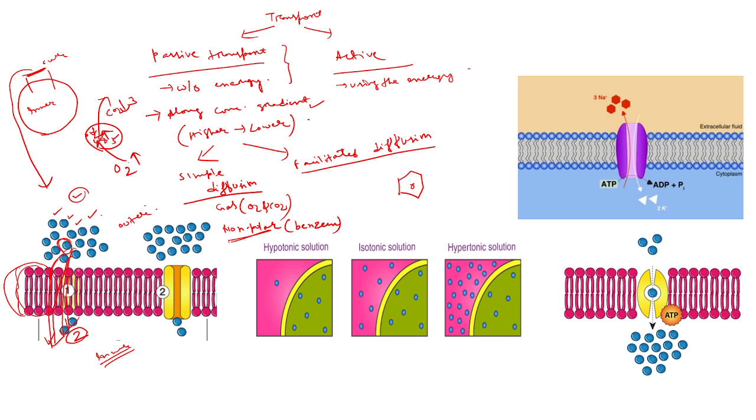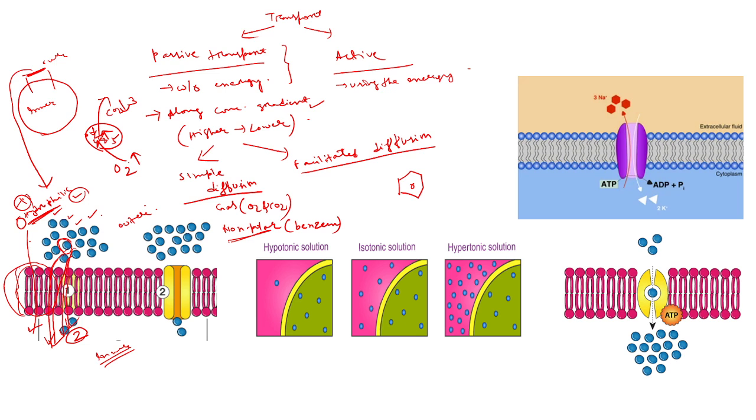the hydrophobic layer. But if it is a hydrophilic molecule, the hydrophilic molecule cannot pass through the hydrophobic layer. Why? Because the hydrophilic cannot interact with the hydrophobic molecule. Hydrophilic means those molecules which interact with the water molecule, but hydrophobic means those molecules which always want to stay away from the water molecule.